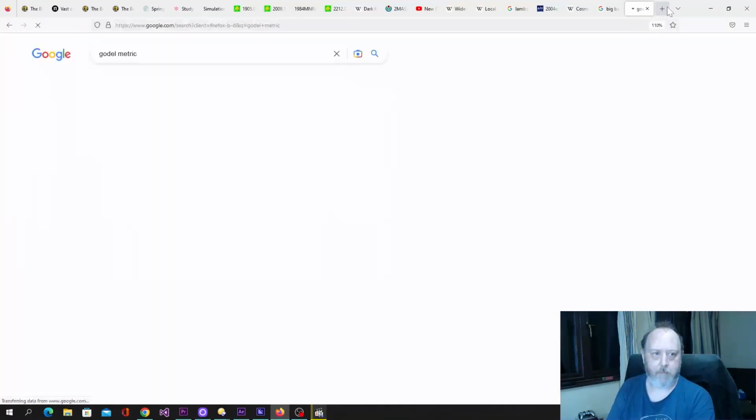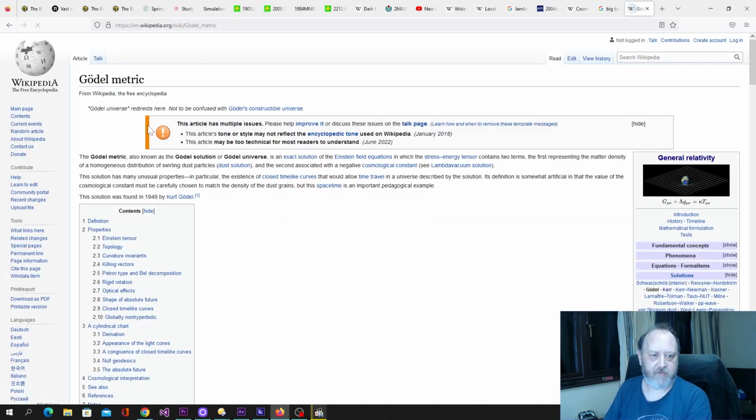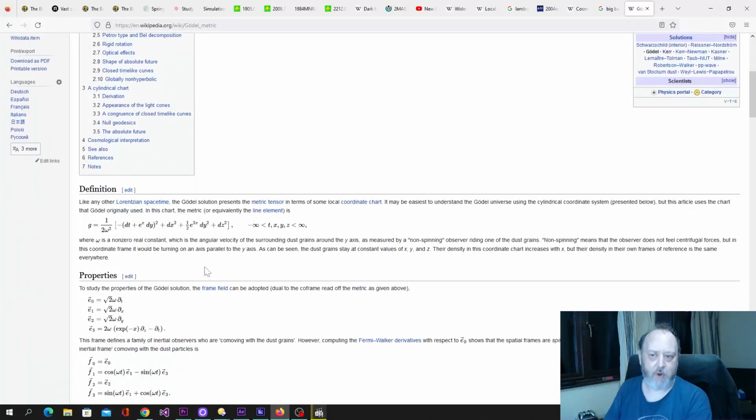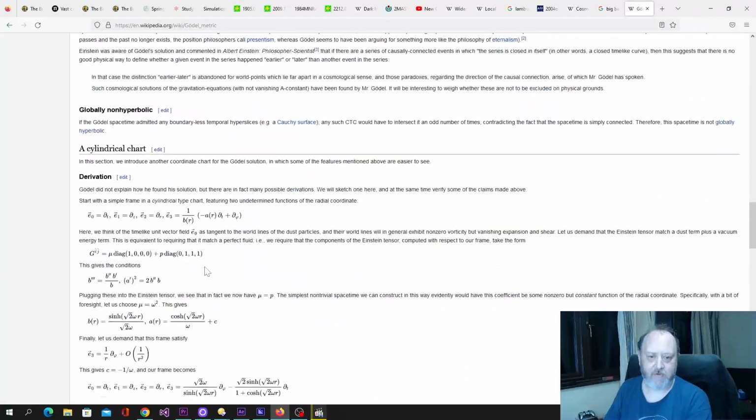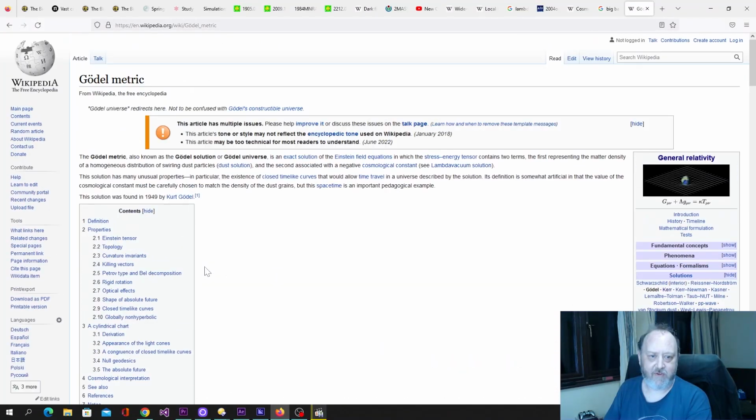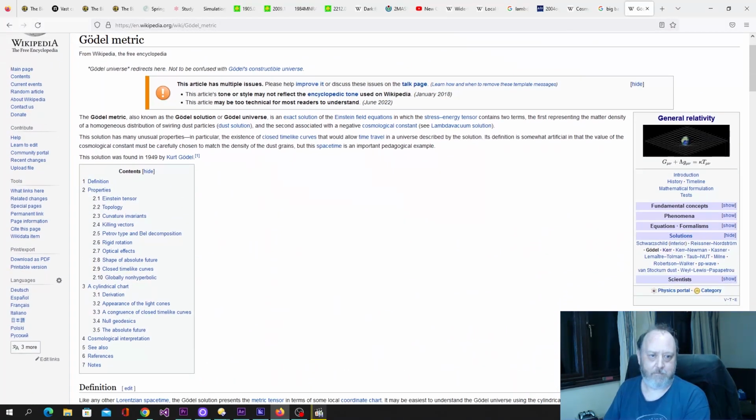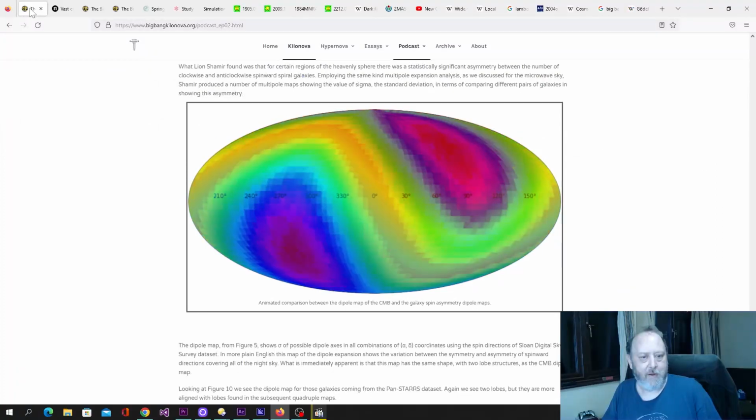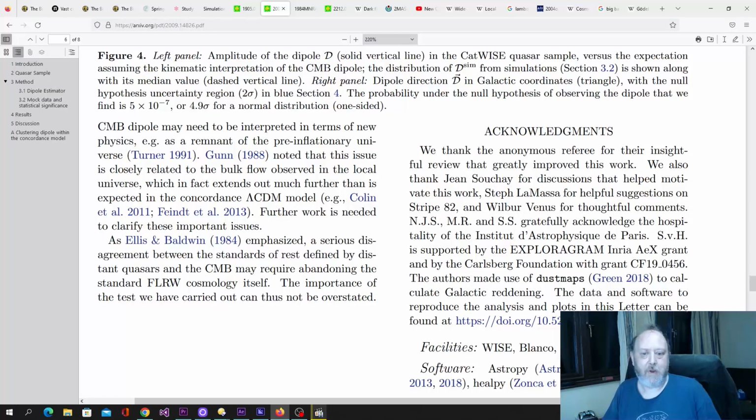It's like the FLRW metric, but accounts for the universe in rotation, and it was done by the one and only famous Gödel. The importance of the test we have carried out can thus not be overstated.